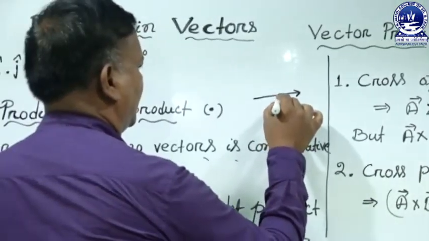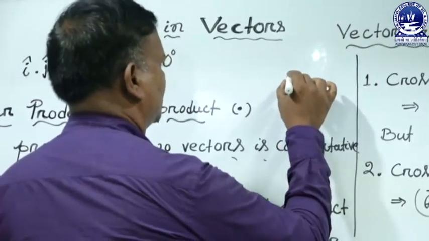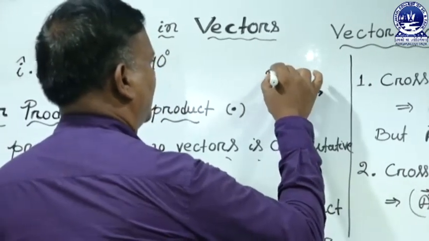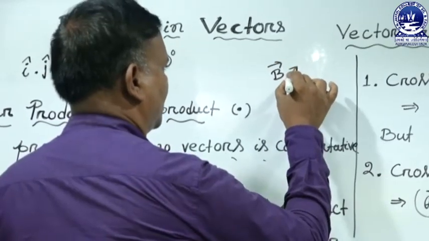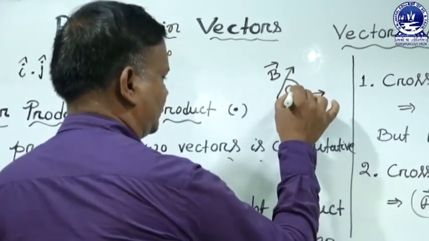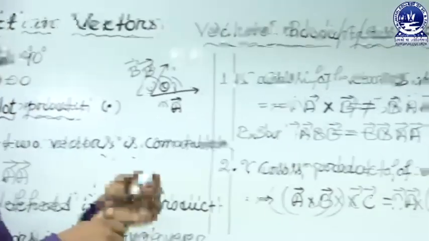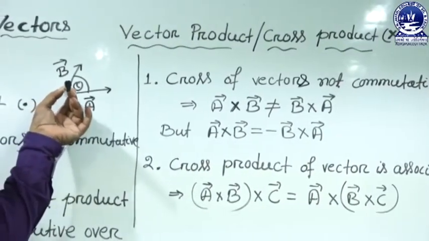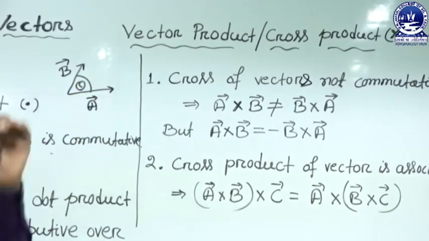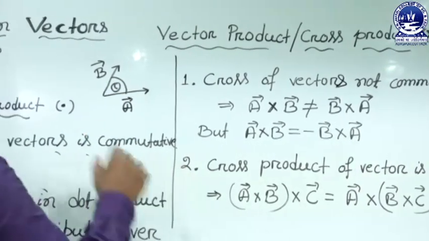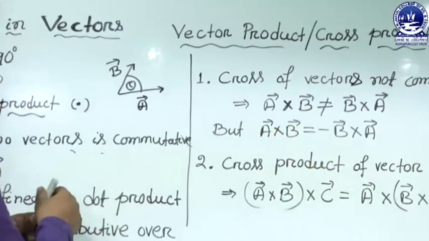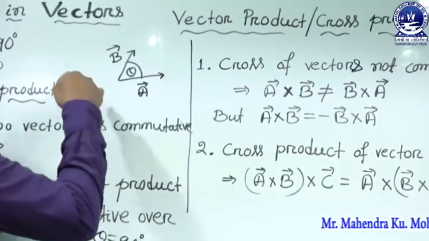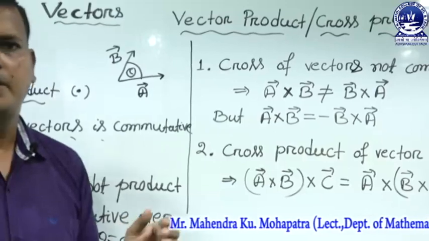Suppose the vector A is acting in this direction and the vector B in this direction, and the angle between them is theta. A cross B acts perpendicular to the plane containing A and B, that means outward to the whiteboard. When we multiply B with A, the direction is inward to the whiteboard.